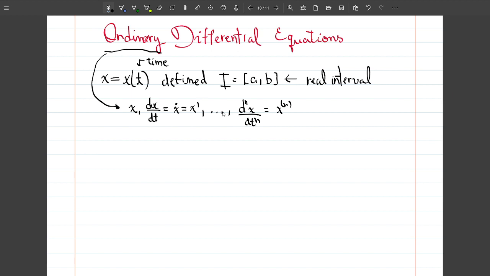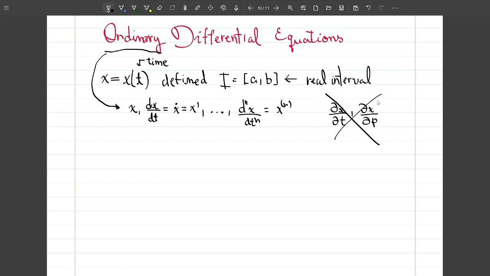So we don't have partial derivatives. Let's say x is a function of time and is also a function of another variable p, so we would have dx/dp. We don't have this.